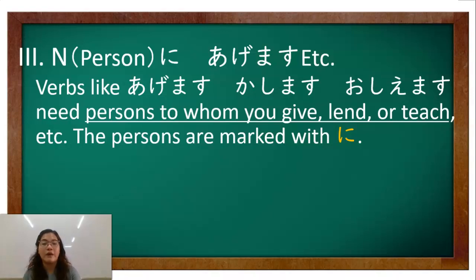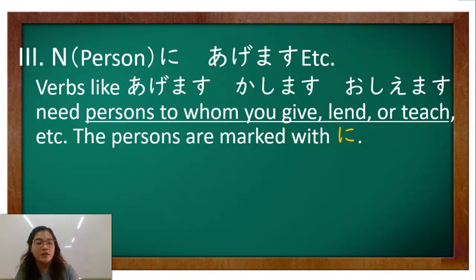Give is agemasu, kashimasu is lend, and oshemasu is teach. So, all of these person to whom you give, to whom you lend, or to whom you teach is person ni. Kung sino yung binigyan mo, kung sino yung pinahiram mo, or kung sino yung tinuruan, siya yung particle ni.